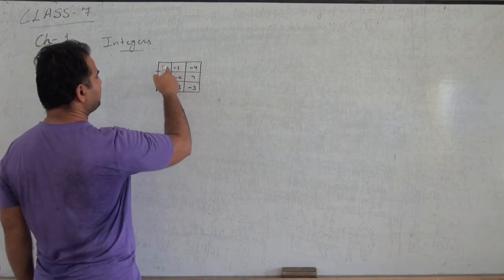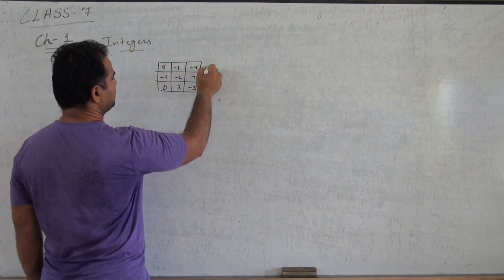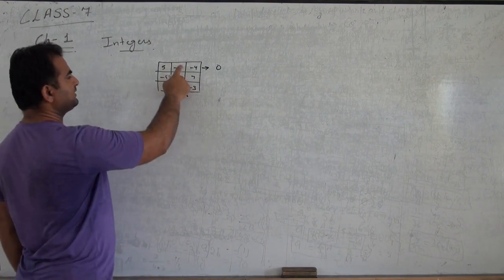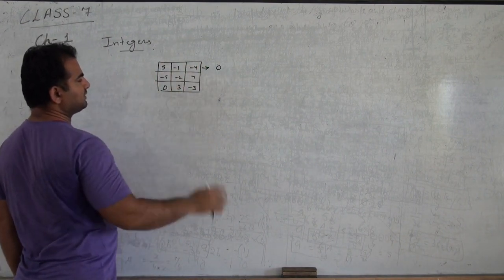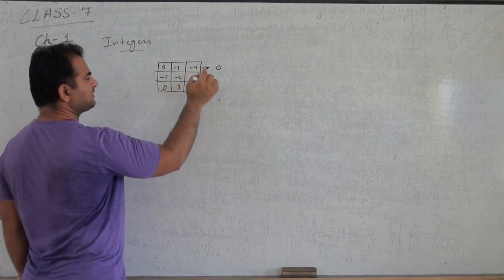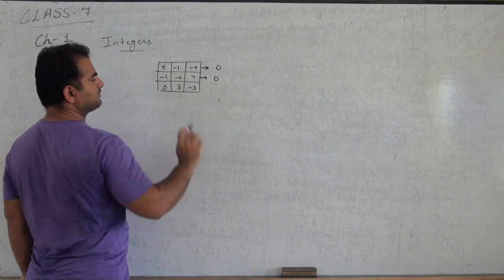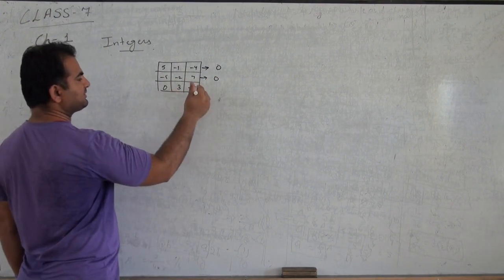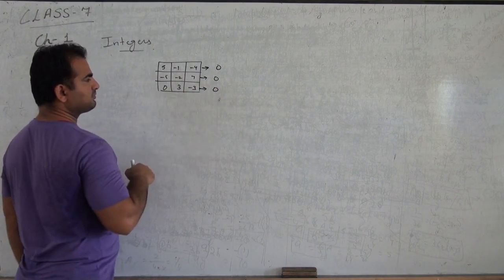So what is 5 minus 1 minus 4? It is 0, because 5 minus 1 is 4 and 4 minus 4 is 0. What is minus 5 and minus 2? It will be minus 7. What is minus 7 and 7? It will be 0. Done. What is 0 plus 3? 3 minus 3 is again 0.